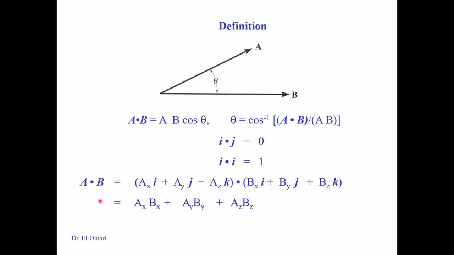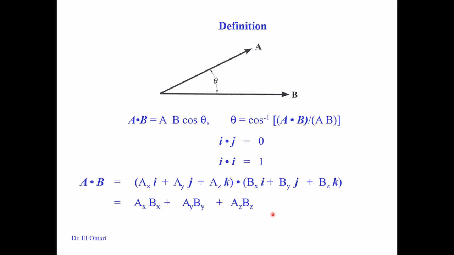This will make it easier to find the magnitude of the dot product of these two vectors. So we just simply multiply the i components, the j components, and the k components, and then finally just add them together. The answer would be a magnitude, or just one number. It's not a Cartesian vector form.